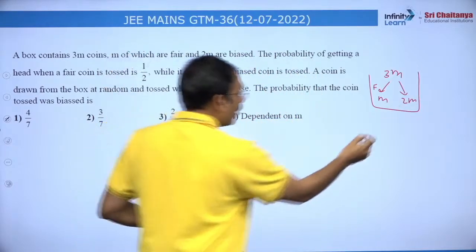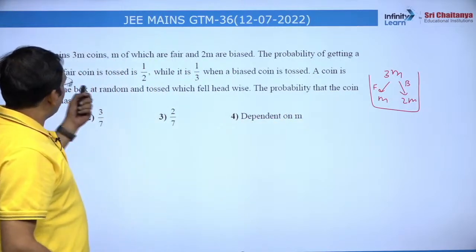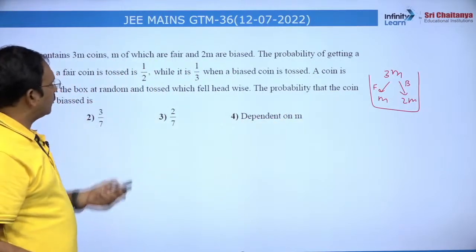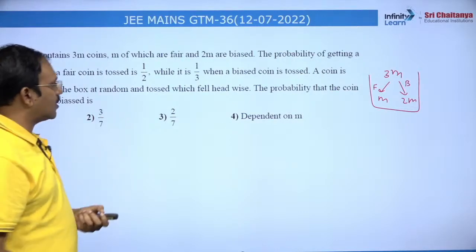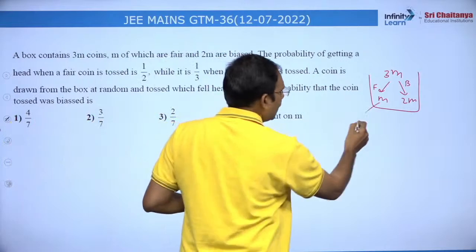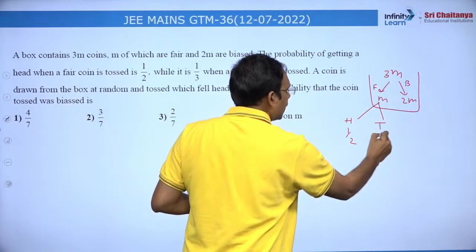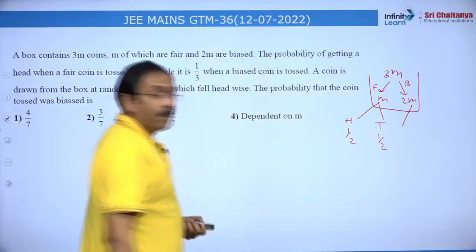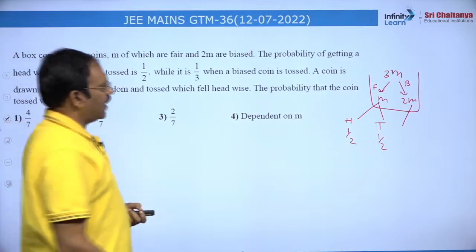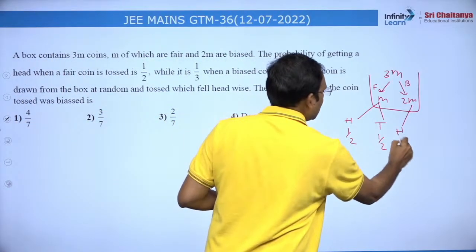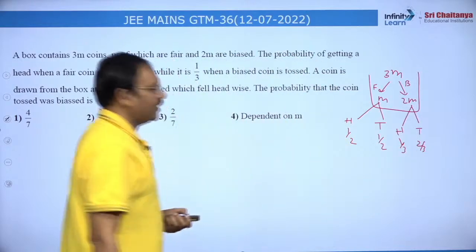Now, the point is, when a fair coin is tossed, the probability of getting a head is 1 by 2. So, for a fair coin, getting head probability is 1 by 2, automatically tail also 1 by 2. For a biased coin, 1 by 3 is the probability to get a head. So, for head probability is 1 by 3, so tail is going to be 2 by 3, fine.